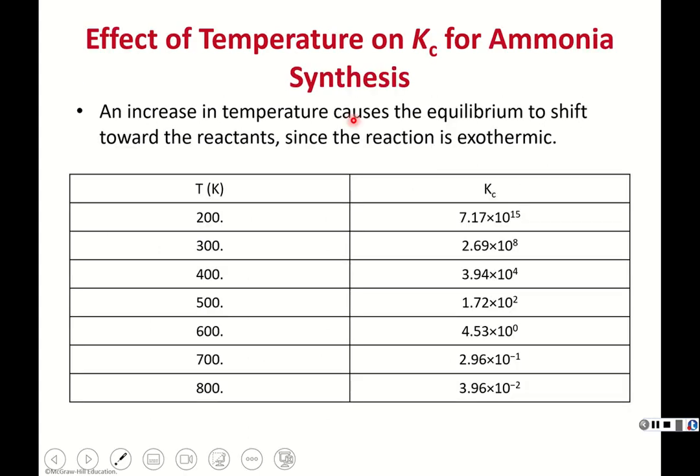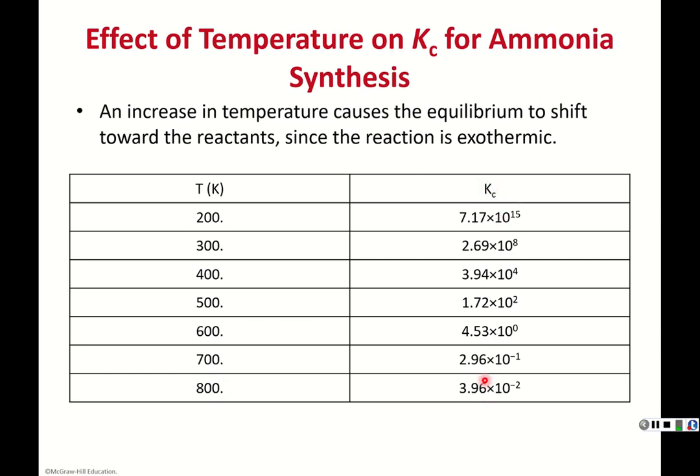And this is an industrial real-world application for Le Chatelier's principle. So if we just look at some of this data here, at increasing temperatures, the equilibrium constant goes down, okay?